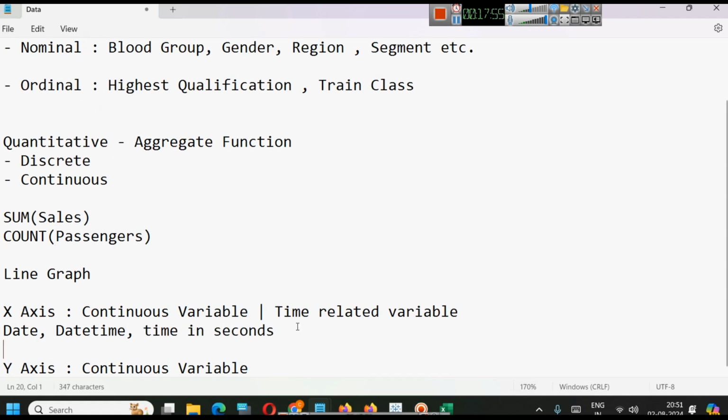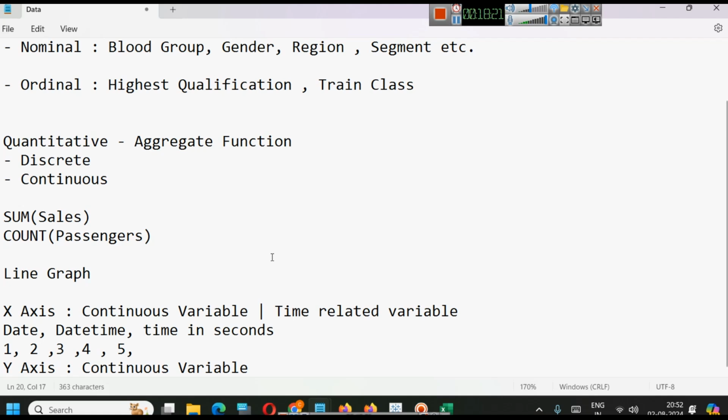Or intervals also, like 1, 2, 3, equal intervals. It should be equal. If we have those equal intervals, then we can create a line. So on both axes we have continuous variables.